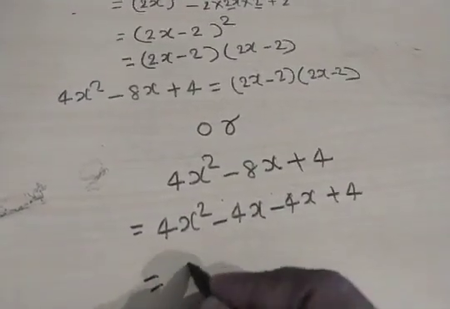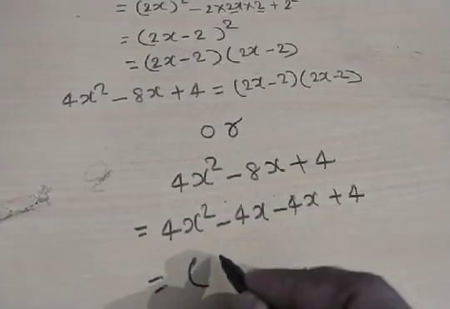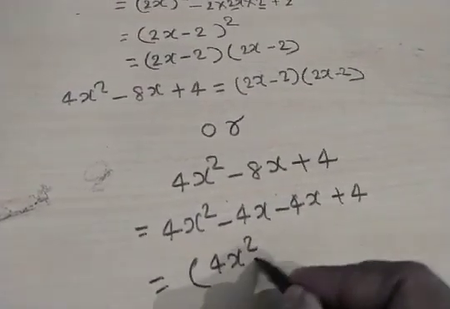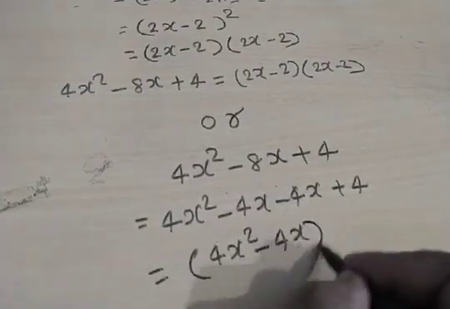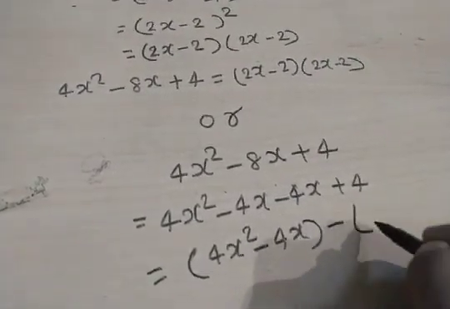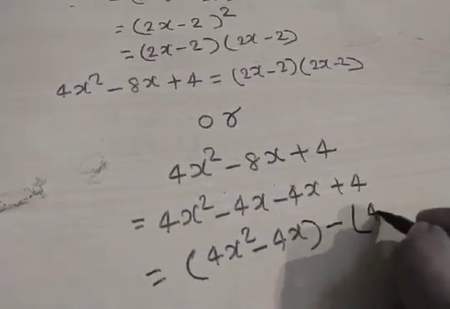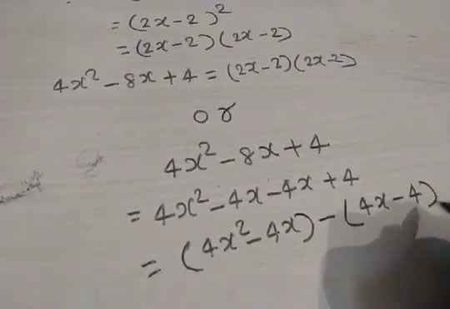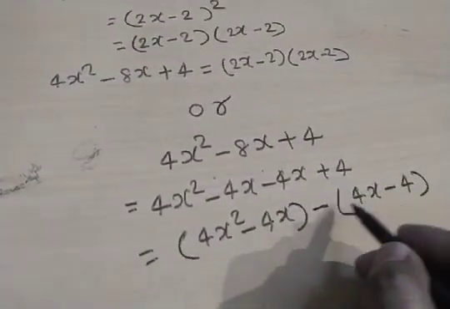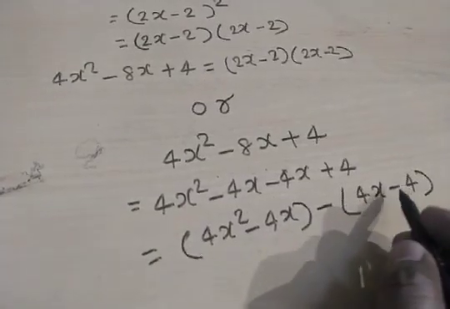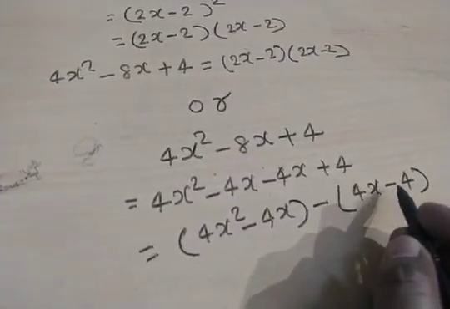So here we obtain like this. This is the first group. Write in one bracket 4x square minus 4x. Take minus common in between them, so we obtain here 4x minus 4. If you open the bracket and multiply by the minus sign, this becomes minus 4x and this becomes plus 4.